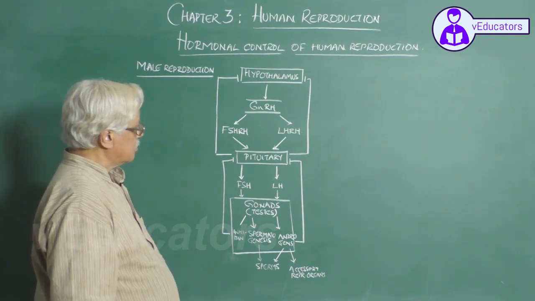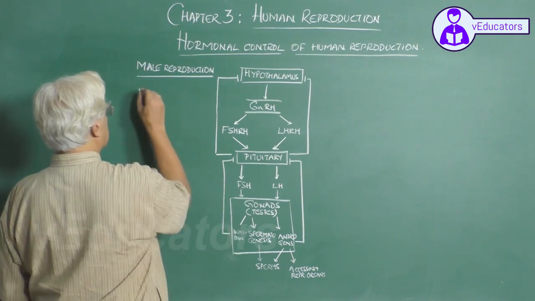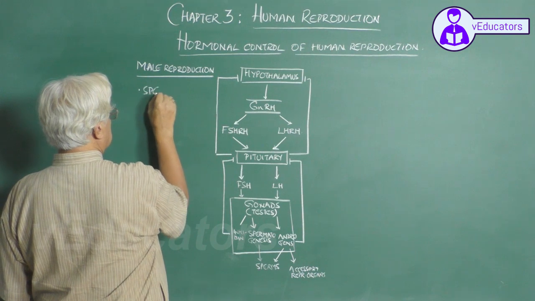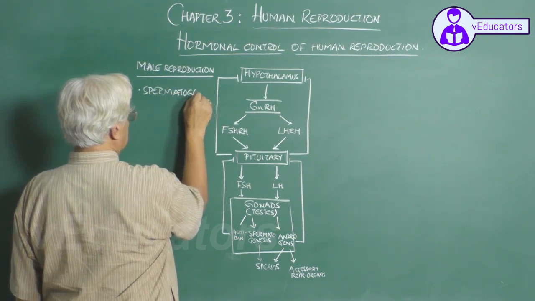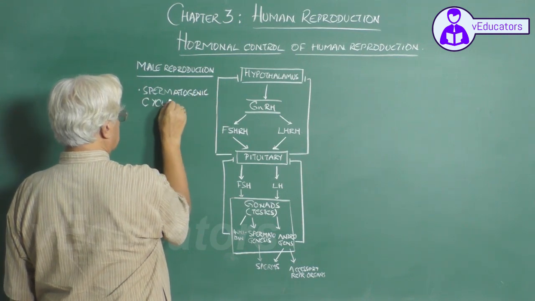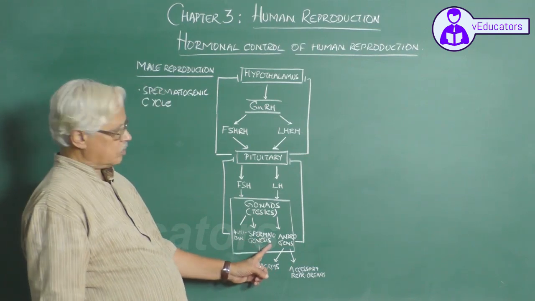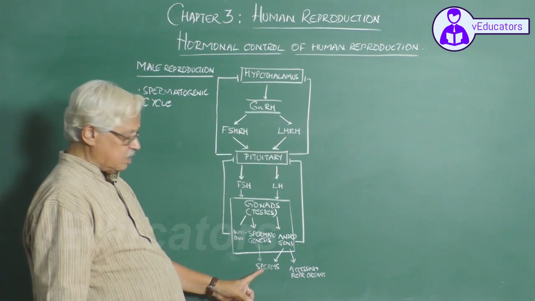There are two significant aspects here. One is the entire cycle of spermatogenesis, starting from spermatogonial mother cells to the formation of sperms.